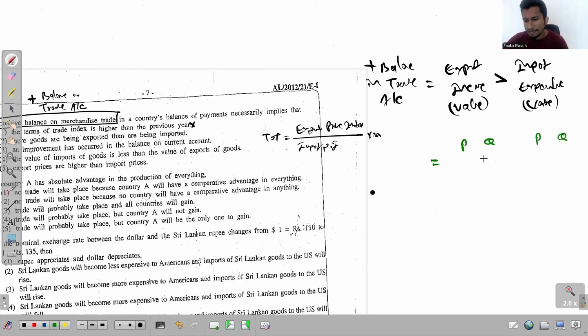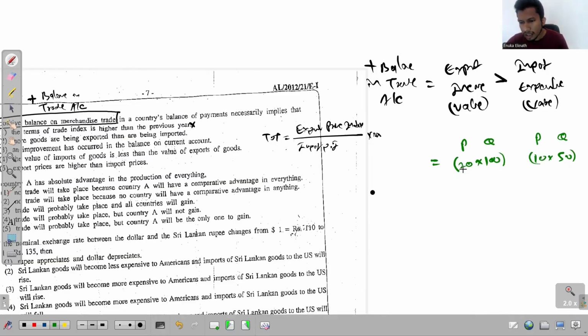You export 100 units at a price of rupees 20. And then you import 50 units at a price of, let's say, 10.